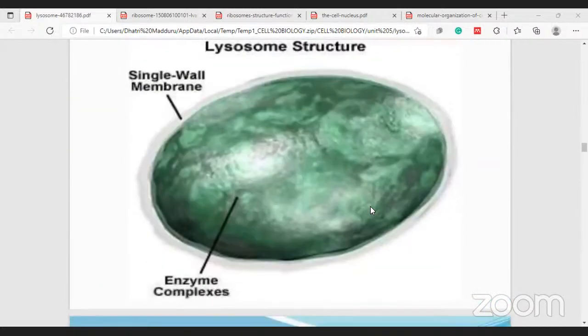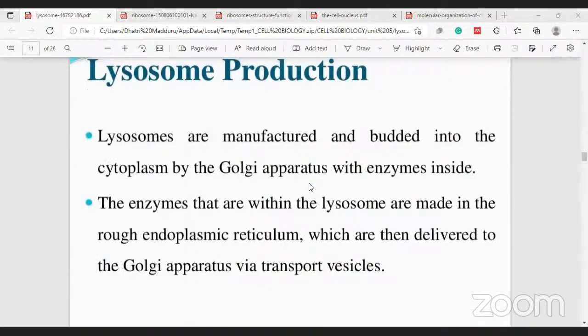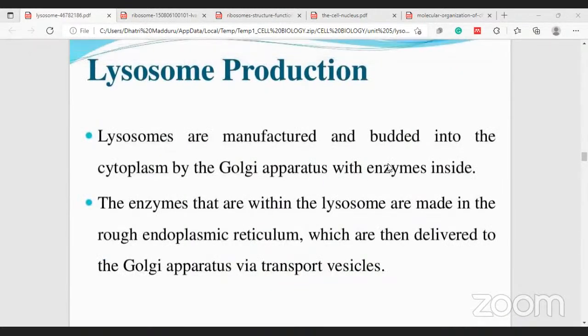So this is the lysosome structure, how it looks. It is a single-walled membrane, and inside are the enzyme complexes. So how are these lysosomes produced? They are manufactured and budded into the cytoplasm by the Golgi apparatus with enzymes inside. So they are like vacuoles.